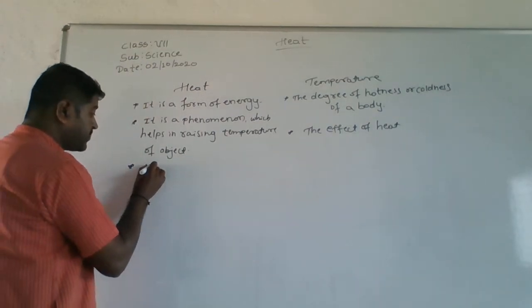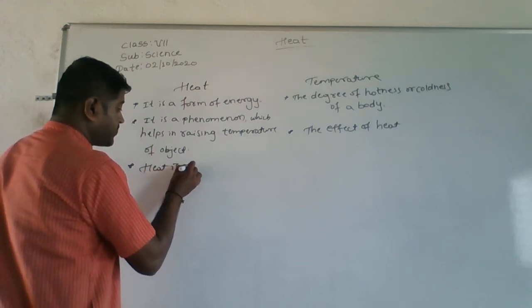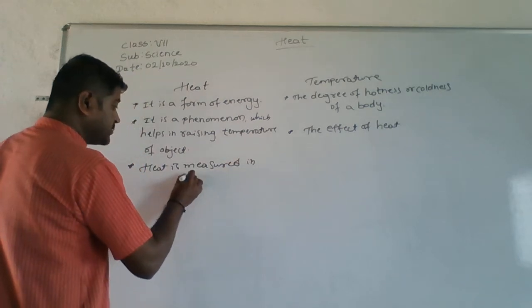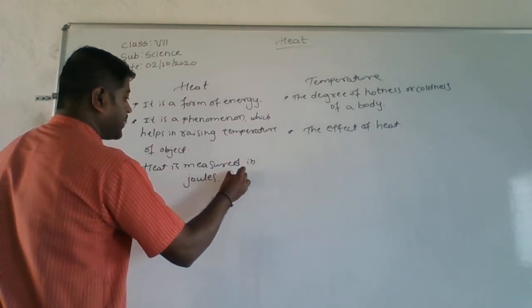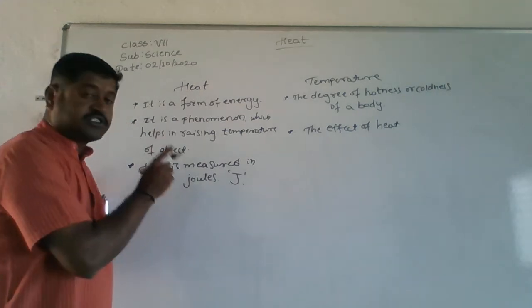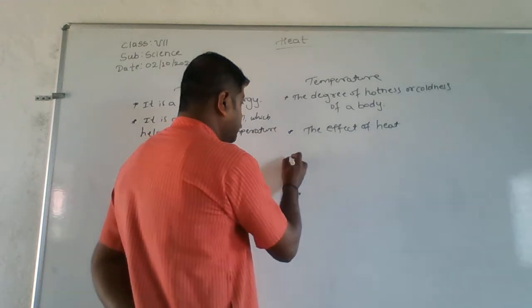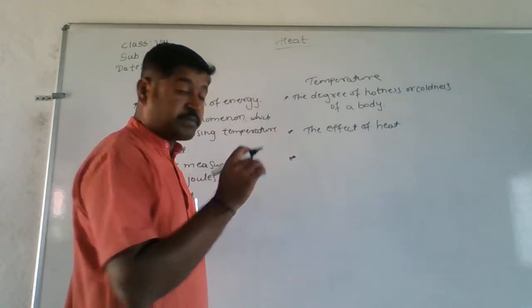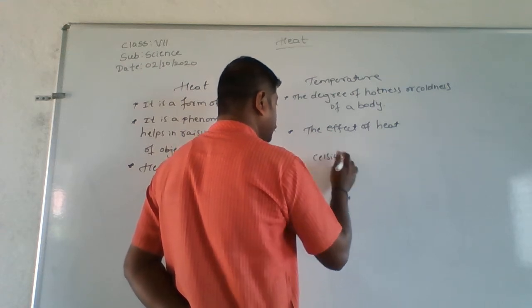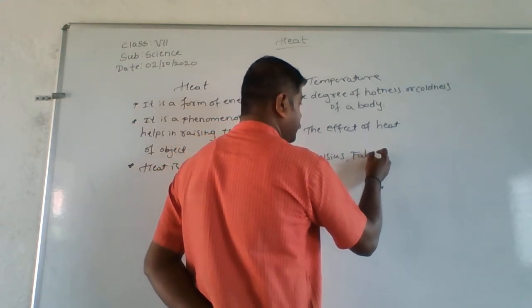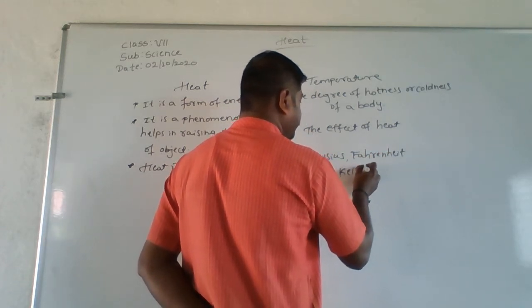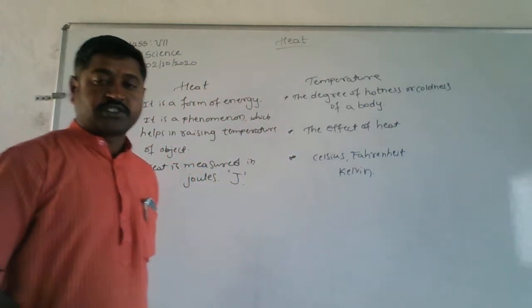Heat is measured in joules, that is capital J, whereas temperature is measured in terms of Celsius, Fahrenheit, and then Kelvin. Is this clear?